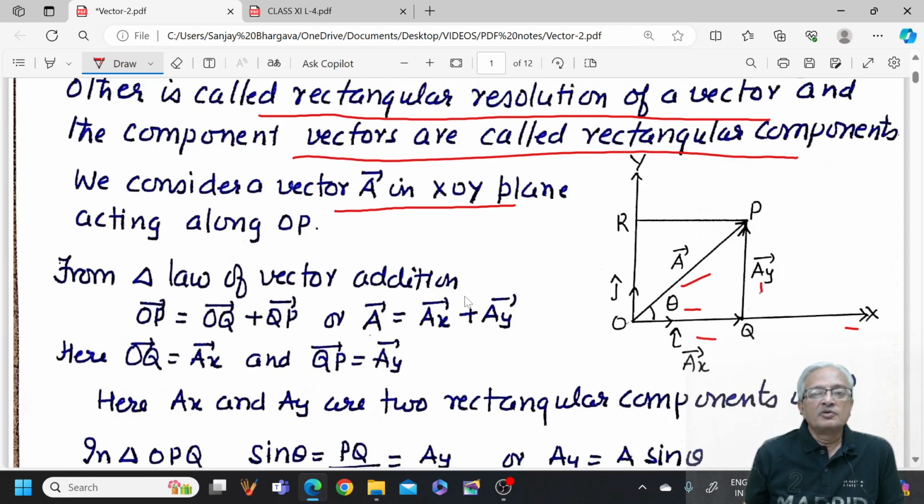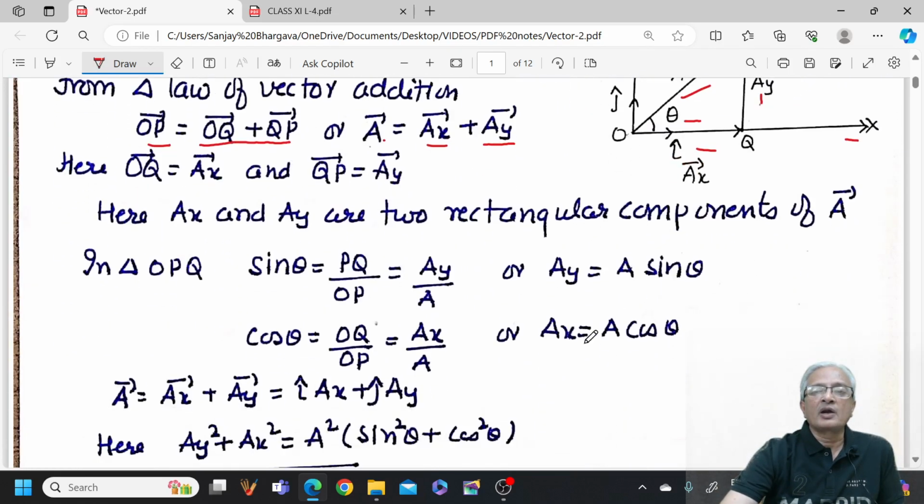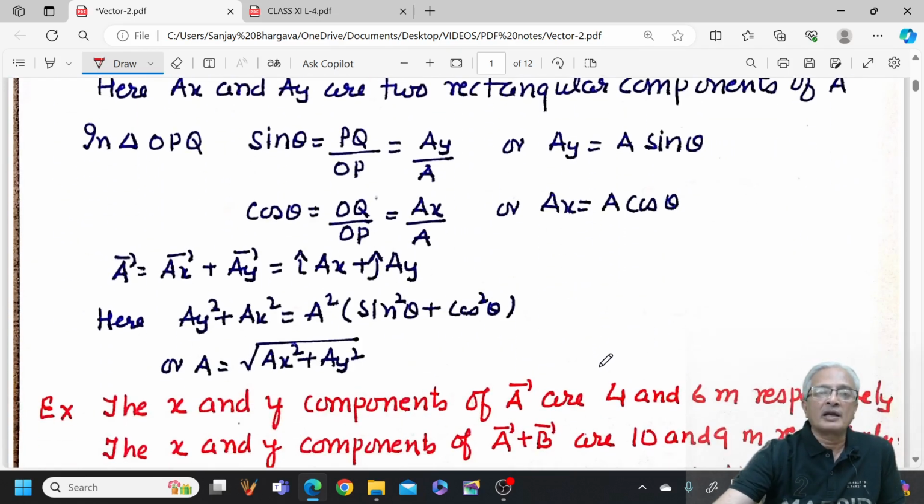Using the triangle law in the triangle OPQ, I can write OQ vector plus QP vector as OP. OP is represented by A vector, OQ by AX and QP by AY. Here AX and AY are called the two rectangular components of vector A.